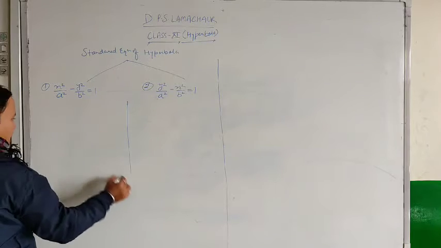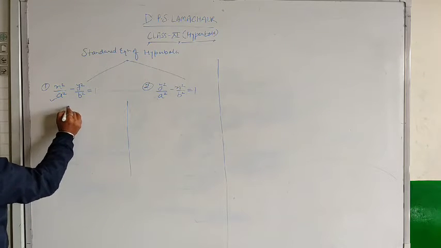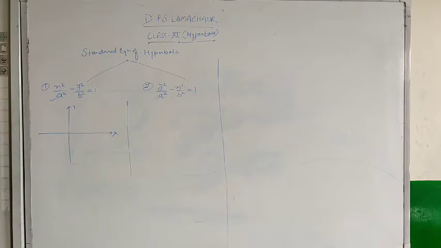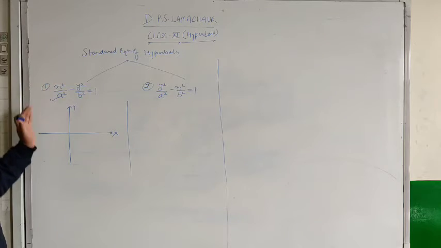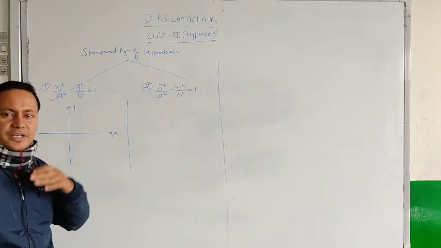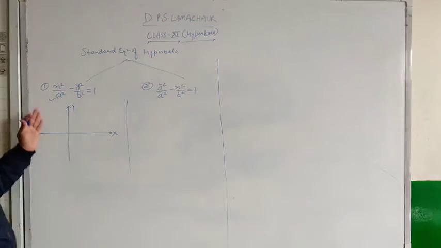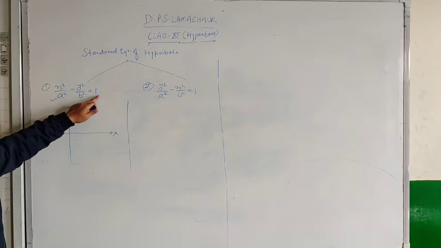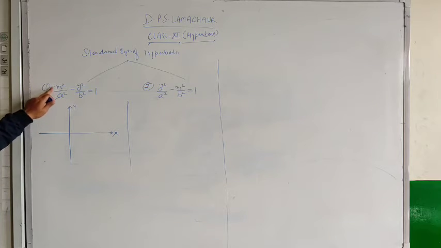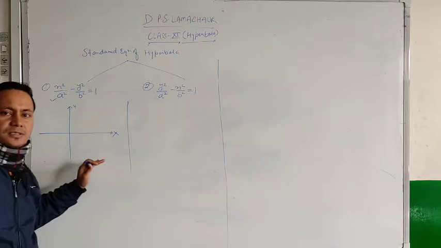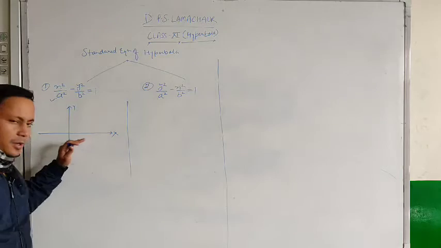The diagram of the first kind of hyperbola is like this. In the case of hyperbola, the variable whose coefficient is positive, your transverse axis will be along that particular axis. So in the first case, x square upon a square minus y square upon b square is equal to 1. Here the coefficient of variable x is positive, so the transverse axis will lie along the x axis.